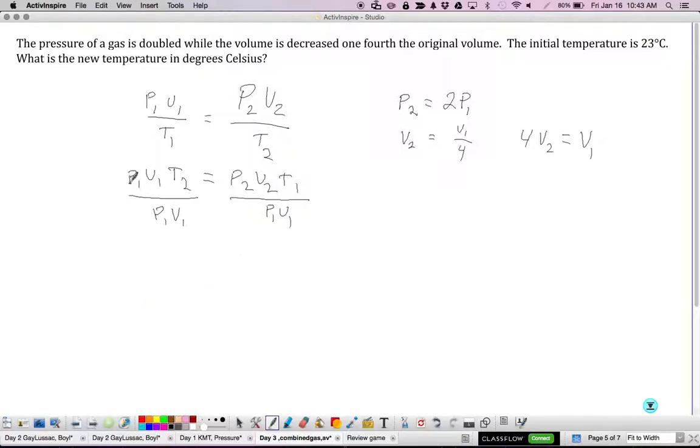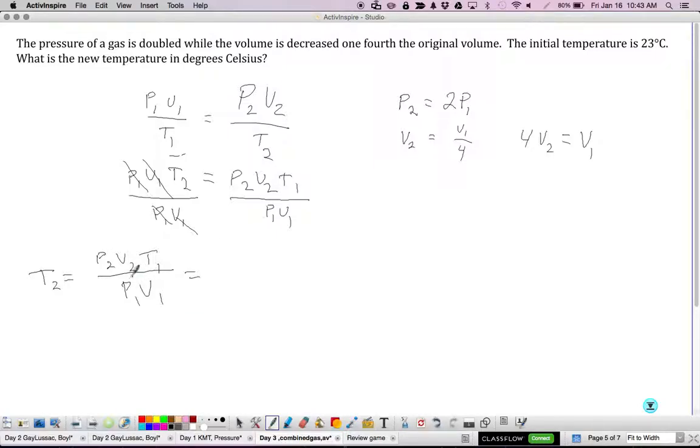When I do that, P1s go away over here, V1s go away over here, and I'm left with T2 all by itself. So T2 equals P2 V2 T1 divided by P1 V1.